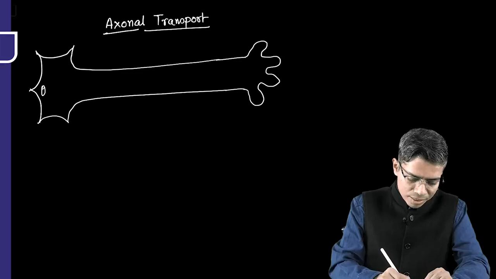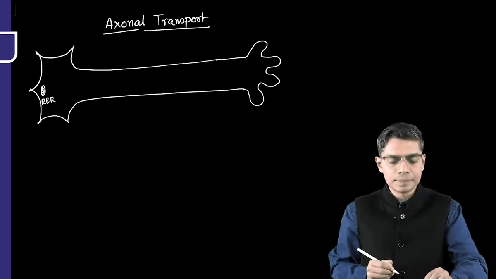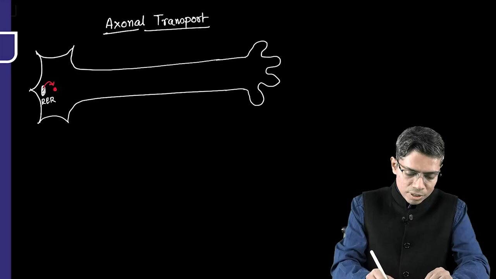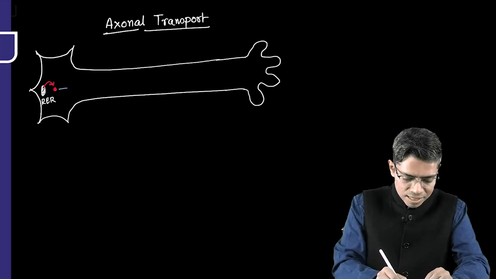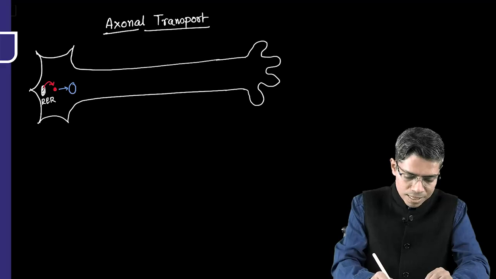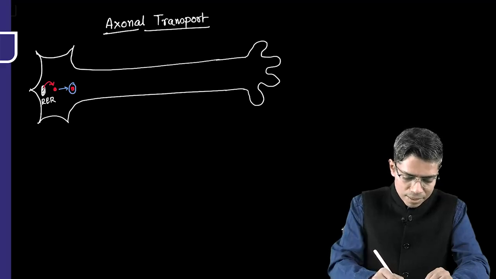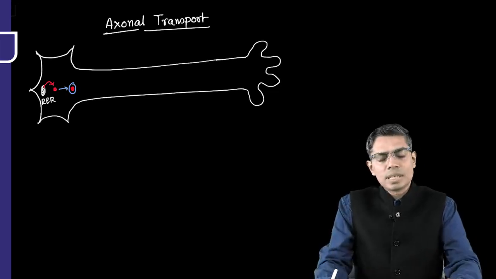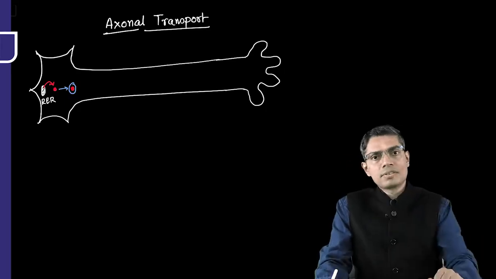Suppose this is my rough endoplasmic reticulum, RER, and it is producing one protein. First of all, this protein will be packed inside certain vesicles. Inside this vesicle the protein is packed, and this packaging will be done by the Golgi body. We know that. Now I have to transport this vesicle from the cell body to the axonal end.